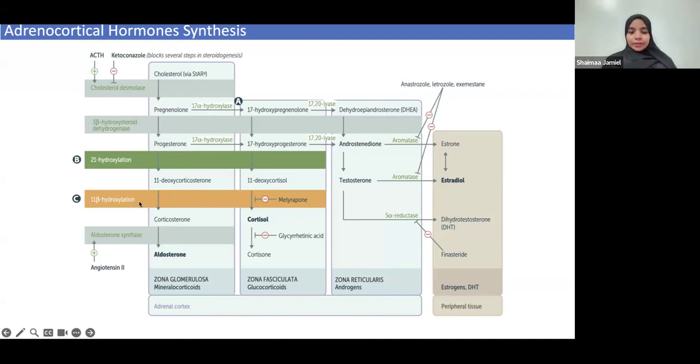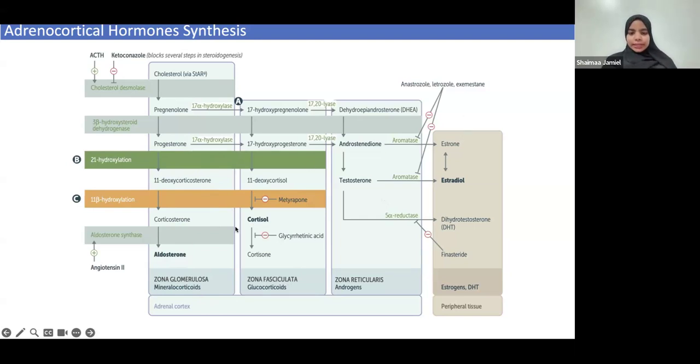And 11 beta hydroxylase, the same thing, we can't produce the mineralocorticoids or glucocorticoids, but we can produce the androgens. However, another thing here is that 11-deoxycorticosterone is also a weak mineralocorticoid. So corticosterone is a weak glucocorticoid and 11-deoxycorticosterone is a weak mineralocorticoid. So even if we have 11 beta hydroxylase absent, we're still able to have mineralocorticoid activity.